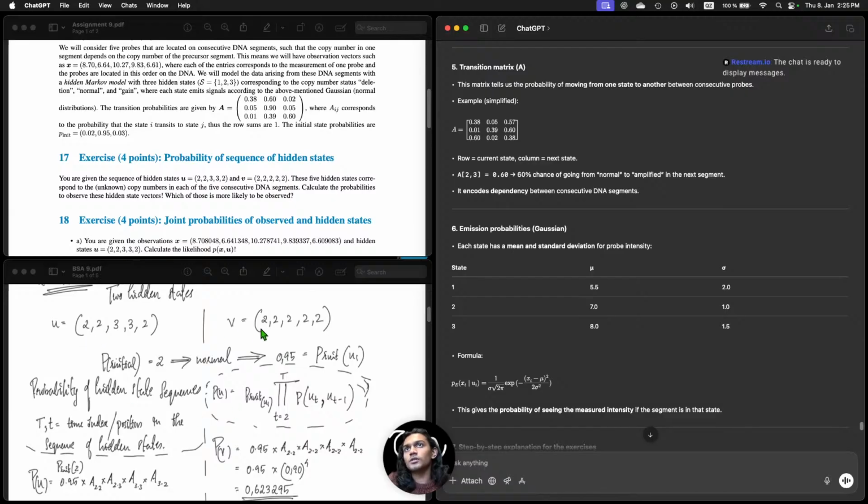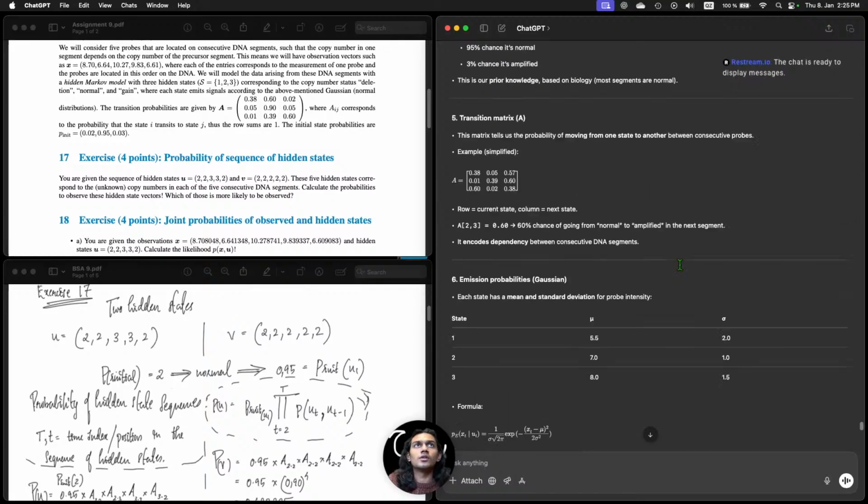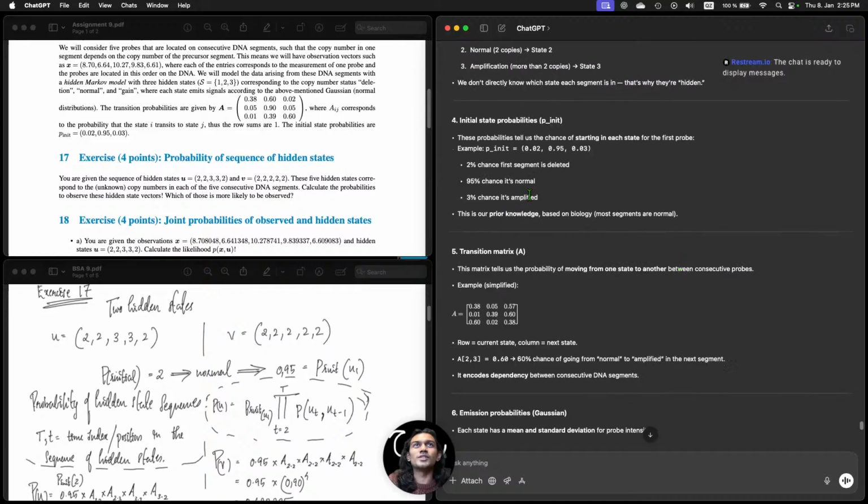So the initial probe intensity given for both of these sequences of hidden states is 2. That means the probe intensity shows a normal. Normal what? Chance it's normal. What do you mean? Well, normal what?